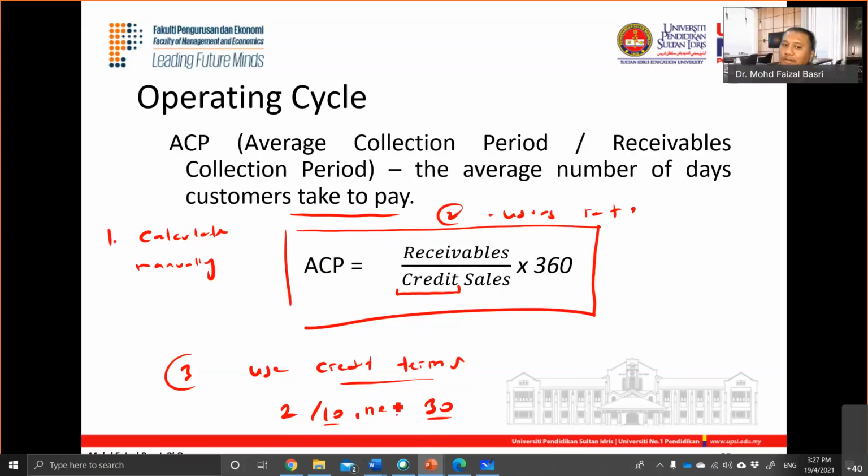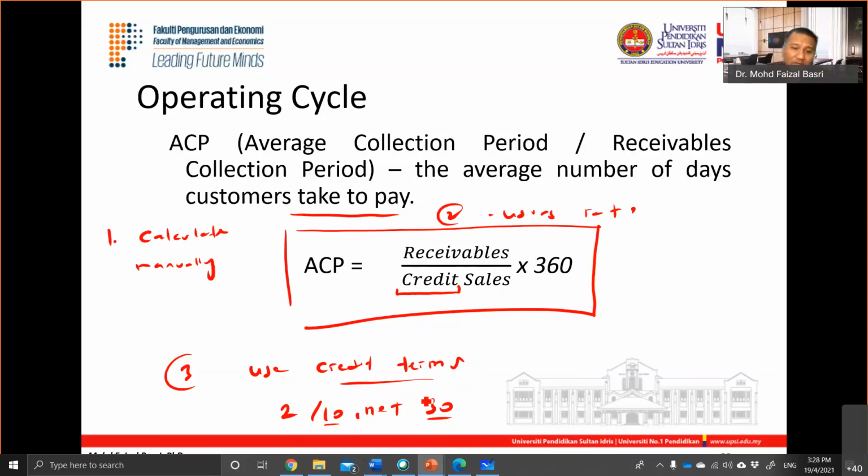So what do these credit terms have to do with ACP? Again, bear with me. We have to bring forward and backwards my notes here, because from there you can make sense of why we have these assumptions. Collections.